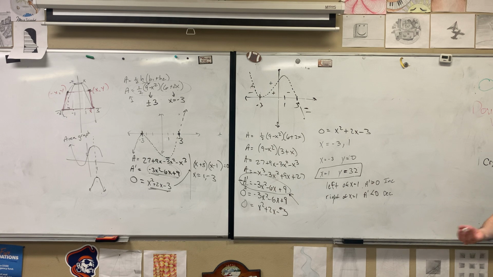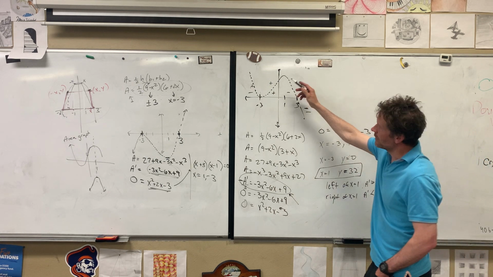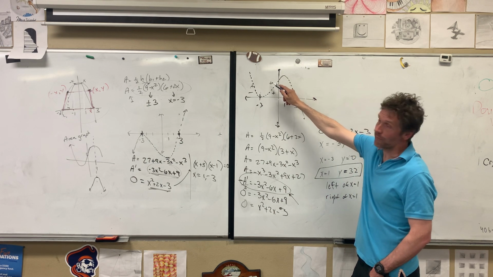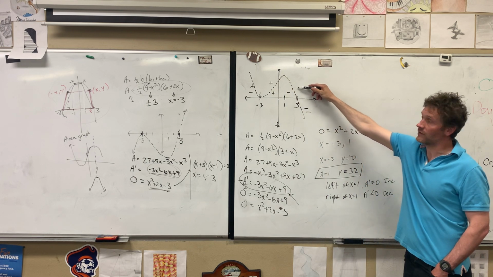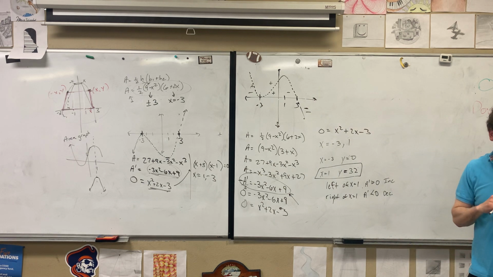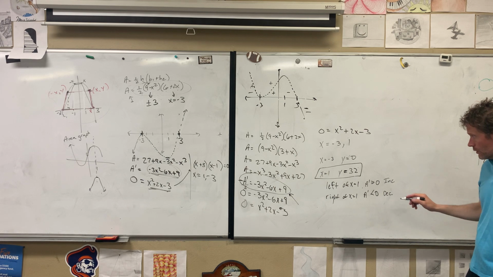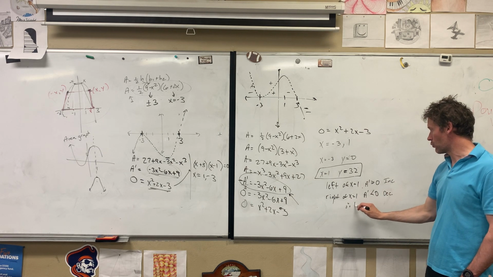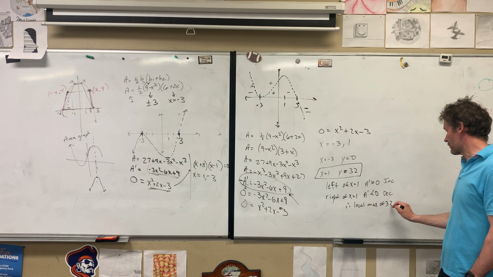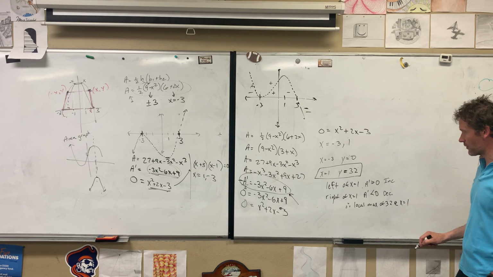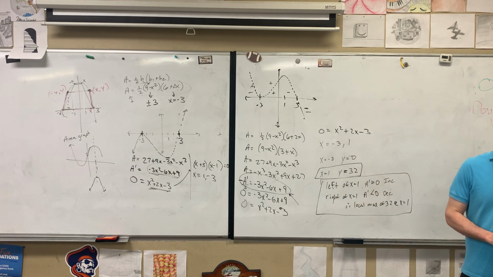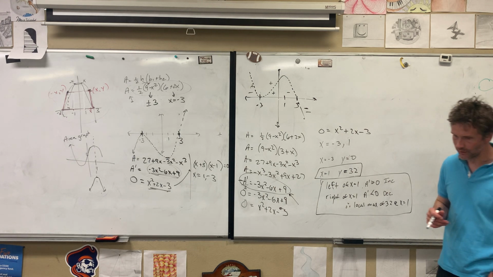Even if you used your graphing calculator, you would have to state the derivative is positive, therefore it's increasing, and then the derivative is negative, therefore it's decreasing. Between an increasing and decreasing, we know we have a local max. That's a rule that we've learned. So therefore, local max of 32 at x equals 1. That would be the formal way to write it, using the concept of derivatives.